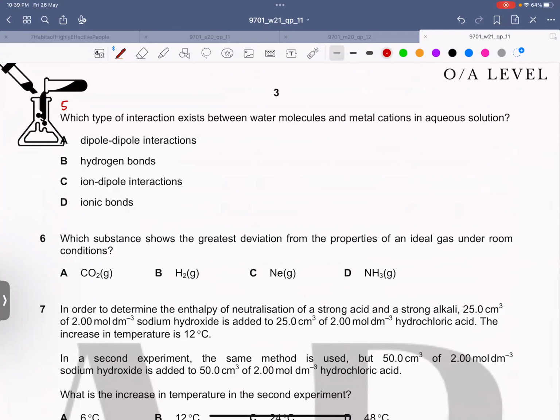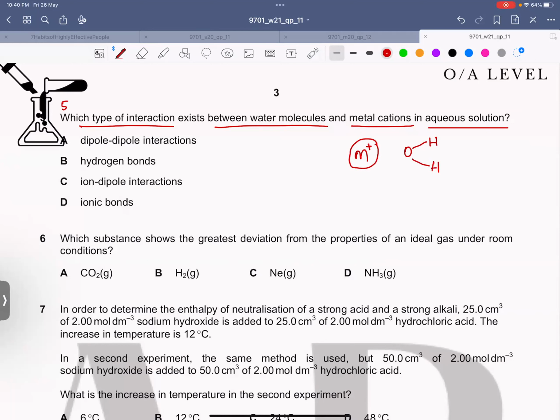Now question number 5. Which type of interaction exists between water molecules and metal cations in aqueous solution? If you look at a metal cation, it can be any metal having a 1 plus or 2 plus charge. A water molecule is always in a bent shape.